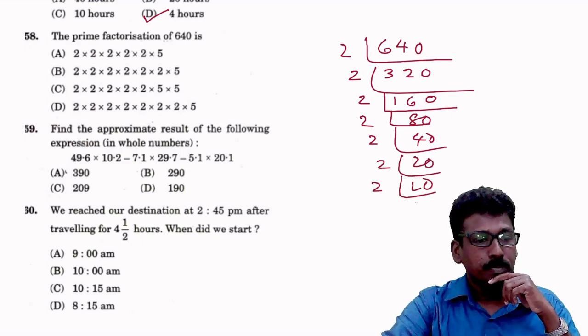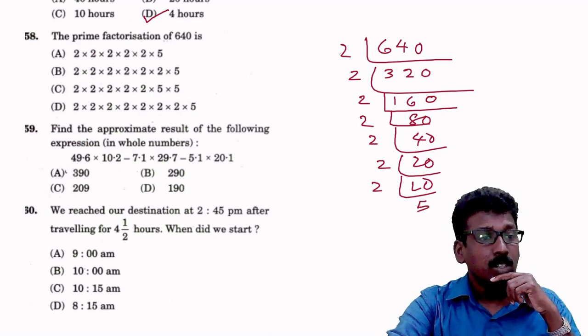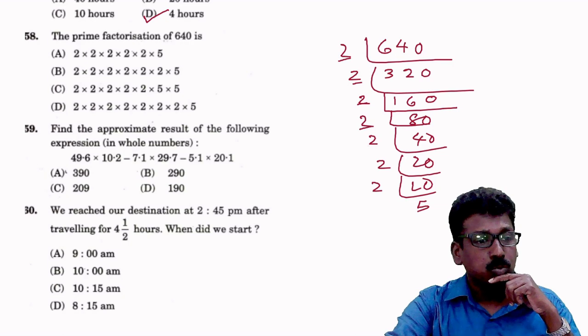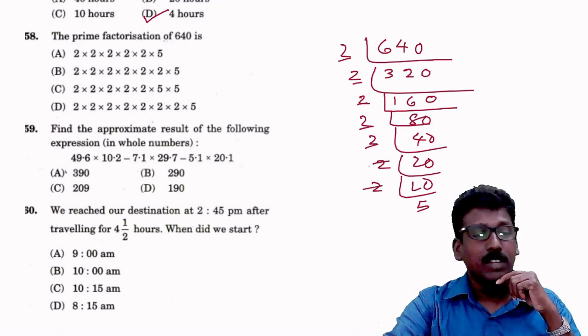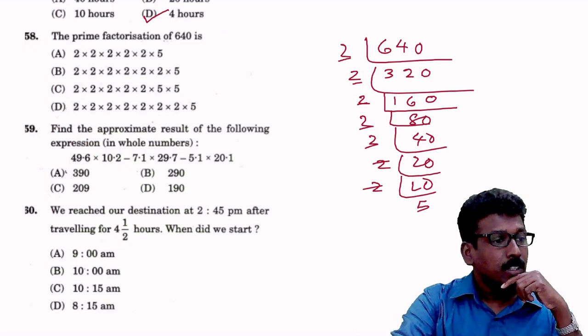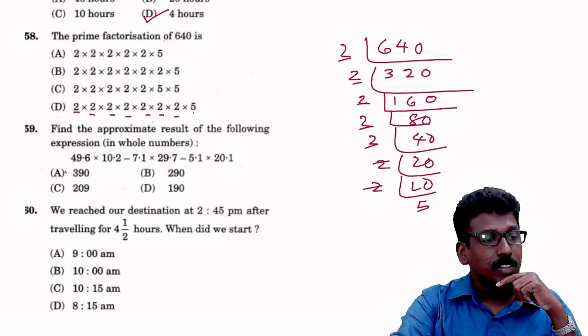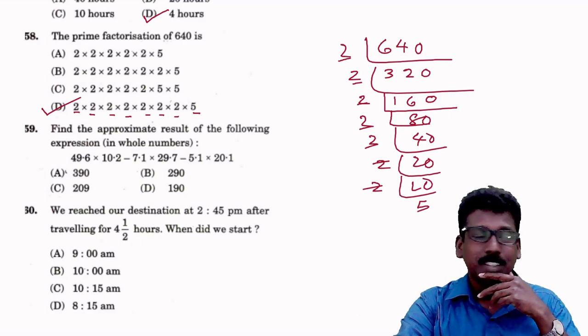Again by 2, 5. So how many 2's are there? 1, 2, 3, 4, 5, 6, 7 2's and 1 5. Look at D, having maximum 2's, 1, 2, 3, 4, 5, 6, 7. Yes, 7 2's and 1 5. D is the correct answer.